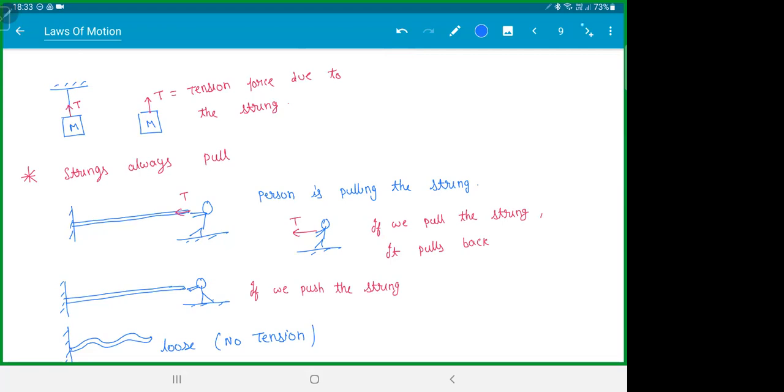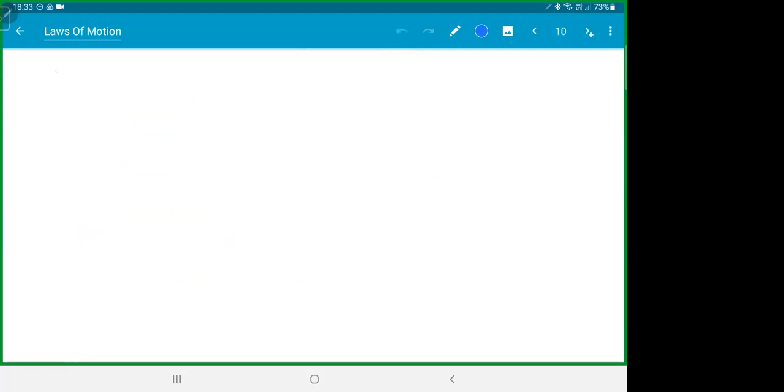Next thing. Now in this method, basically the total power due to tension is 0.